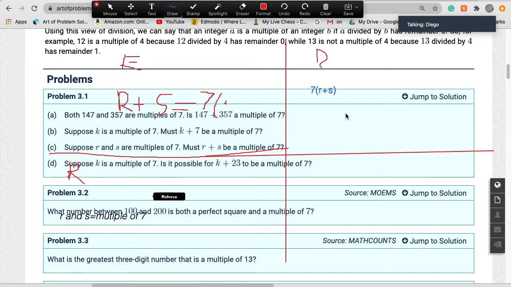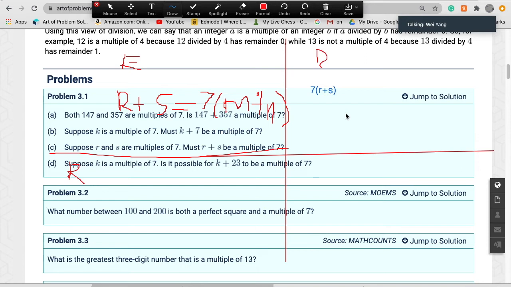Let me check my book, see what I wrote. Which one are we on? Problem 3.1? Yeah, 3.1. I have finished checking my book. Yeah, Ellie, you're right.